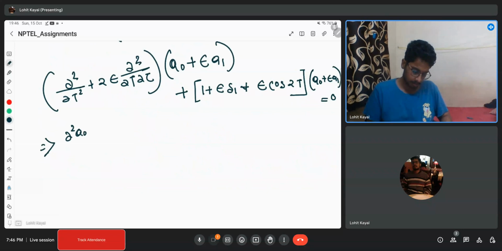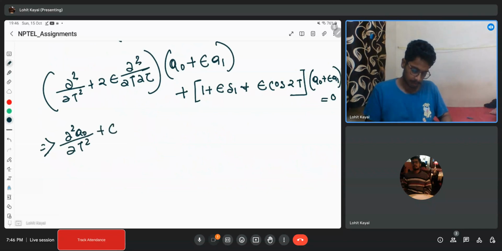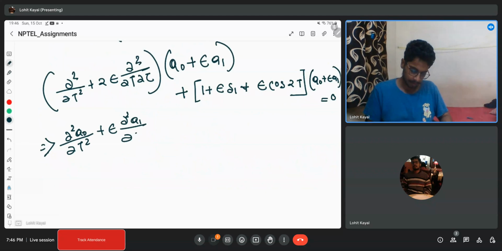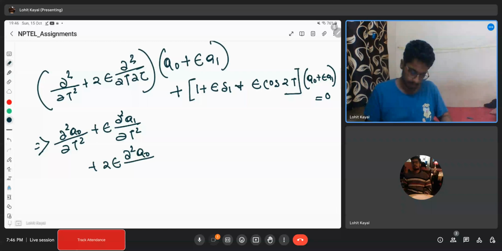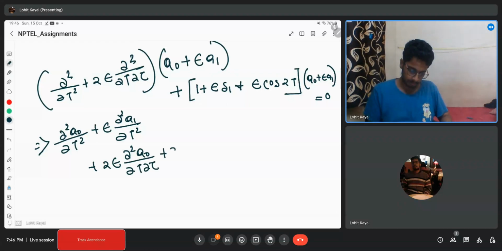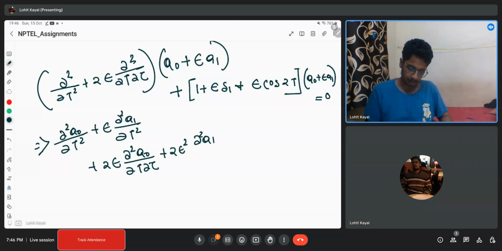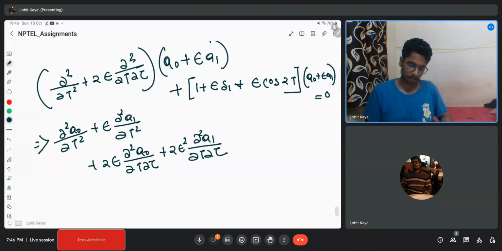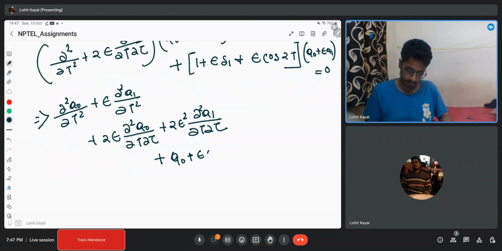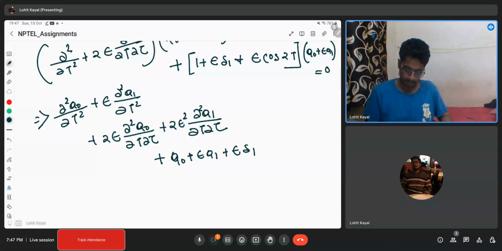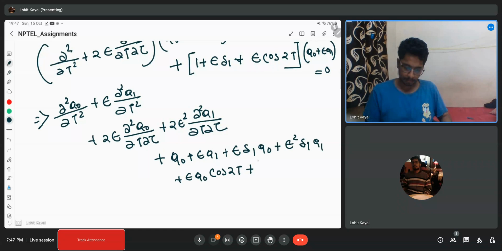This implies ∂²A0/∂t² plus ε ∂²A1/∂t² plus 2ε ∂²A0/∂t∂τ plus 2ε² ∂²A1/∂t∂τ. Now on the second term, I will get A0 plus εA1 plus εδ1A0 plus ε²δ1A1 plus εA0 cos 2t plus ε²A1 cos 2t.